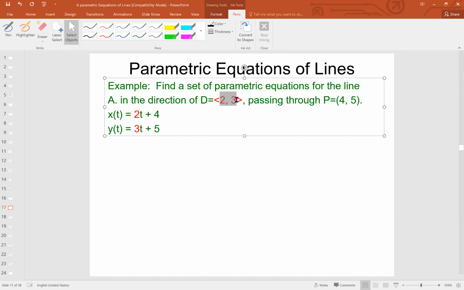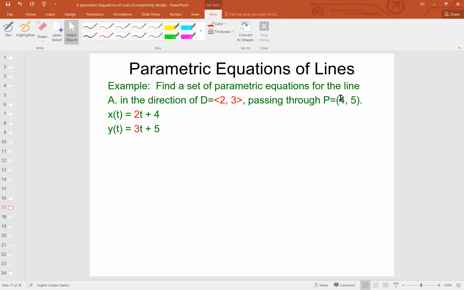The 2 and 3 go in front of the coefficient for t, and then the 4 and 5 are just added coordinate-wise, x to the x and y to the y. The vector d here serves like a slope, and the point P is another point.